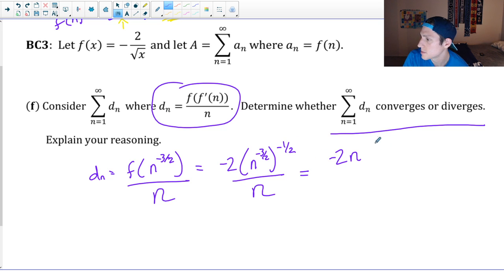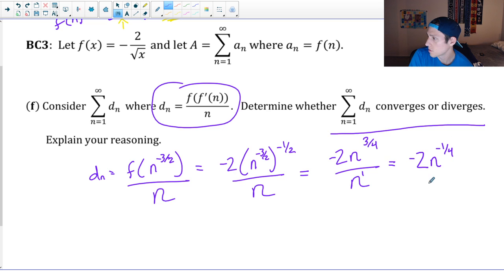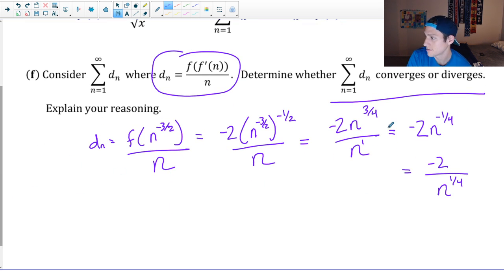Negative 3/2 times negative 1/2 is positive 3/4, divided by n. N to the 3/4 over n, so 3/4 minus 1 is n to the negative 1/4. Rewriting that as a positive exponent, it's negative 2 over n to the 1/4. Okay, so that's what d_n is.